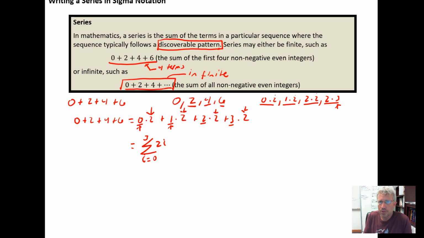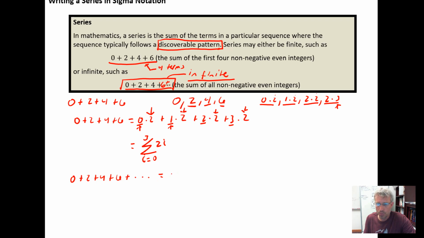And this one I know is infinite because it's plus dot dot dot, and there's no endpoint, saying discover the pattern and then continue that pattern infinitely or forever. So the same sequence, 0 plus 2 plus 4 plus 6 plus dot dot dot. Now I have an infinite series.